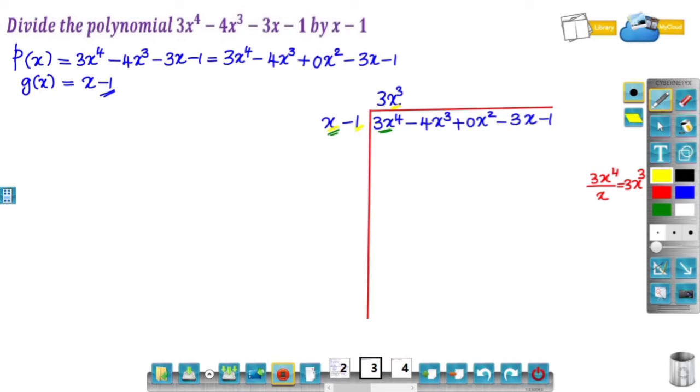Multiply 3x cube into x, that is 3x to the power 4, minus, because plus 3x cube into minus 1, that is plus into minus, minus, 3x cube into 1, that is 3x cube.